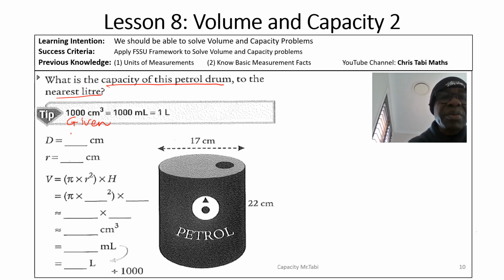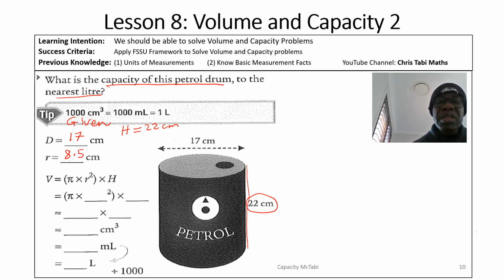We know the diameter to be 17 centimeters. So if the diameter is 17 centimeters, then the radius is just half of the diameter, and 17 divided by 2 gives us 8.5. What is the height? That's the height of our drum, H equals 22 centimeters. So everything is in centimeters here.